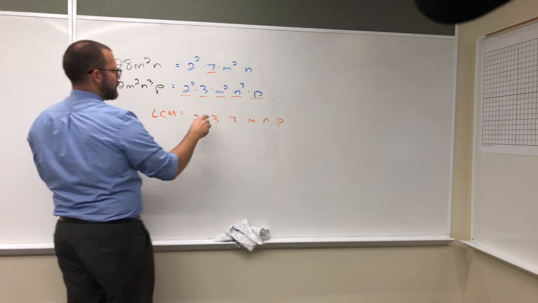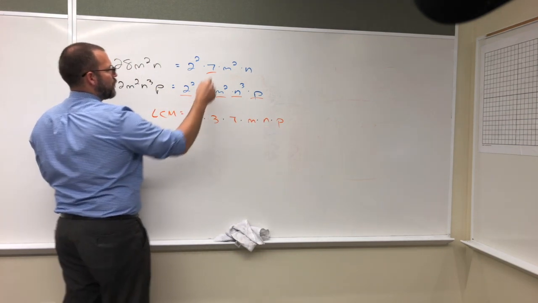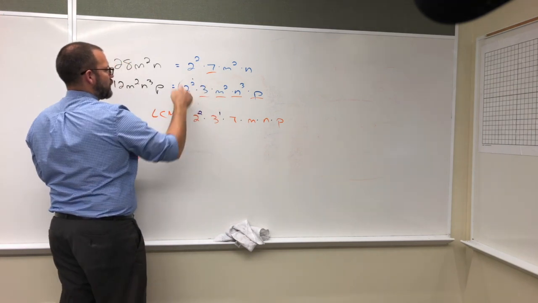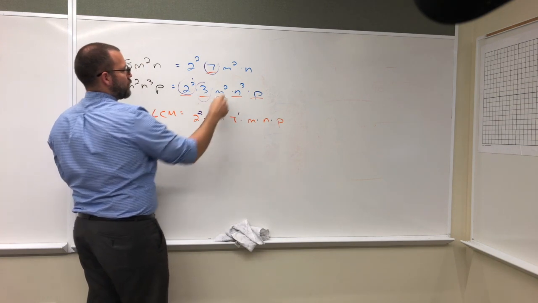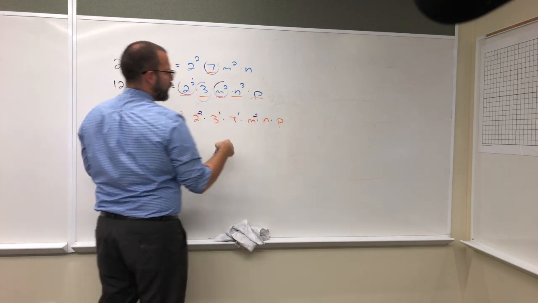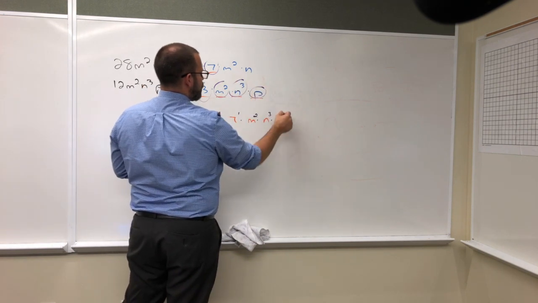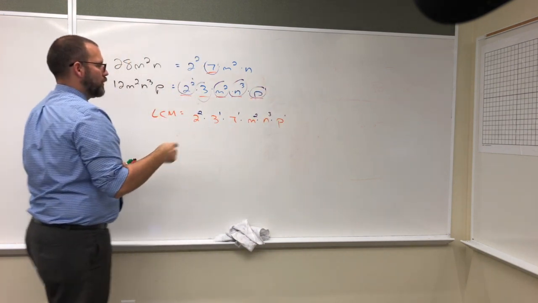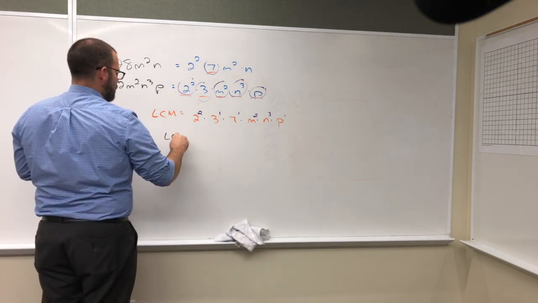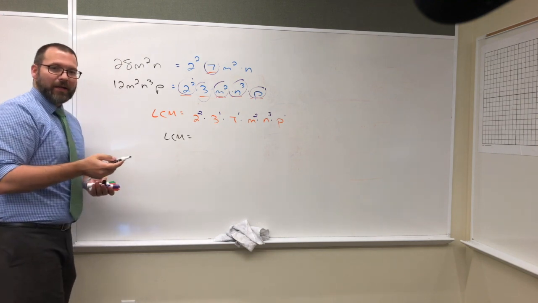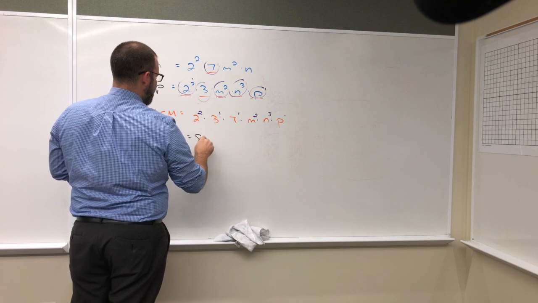And then this is going to be a product. Highest powers. 2 squared, 3 to the first, right there. 7, just one 7, 7 to the first. M squared happens to be in both of them, I don't care. N cubed, right there. P, just one of them, P to the first, right? And so our least common multiple in this case would be the product of all of this. Now, we don't even have to multiply it out, but we will. 2 squared is 4 times 3 is 12 times 7 is 84.